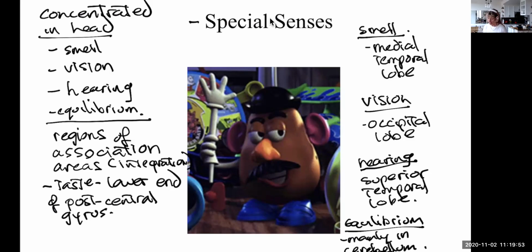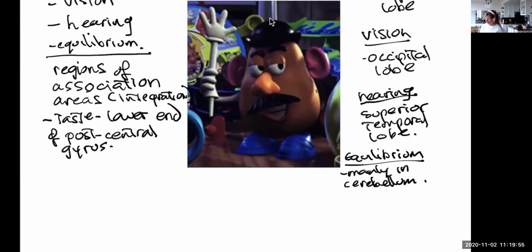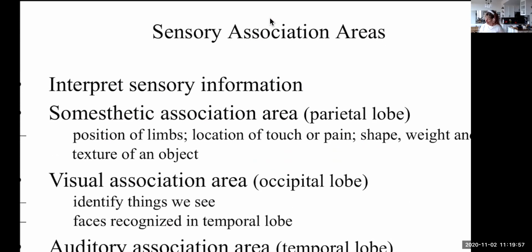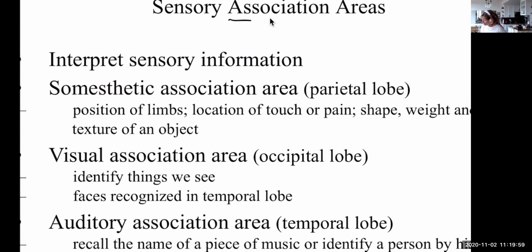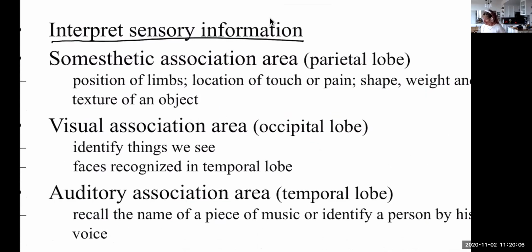Those are your special senses. These association areas, sensory association areas, interpret sensory information. The somatosensory area, for example, in the parietal lobe, interprets the position of the limbs and will respond with motor signals for balance, for example.